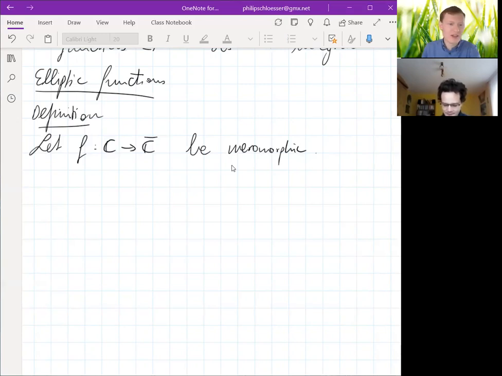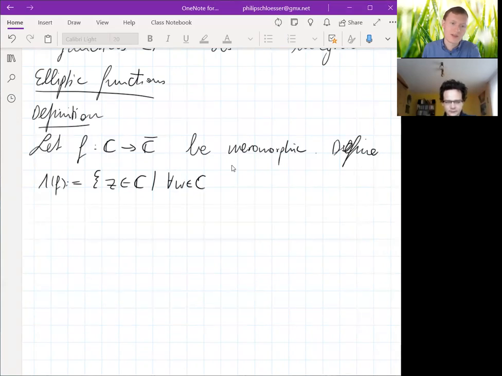We're going to define a set called lambda of f as those numbers z such that for any w in C, f of w is equal to f of w plus z.